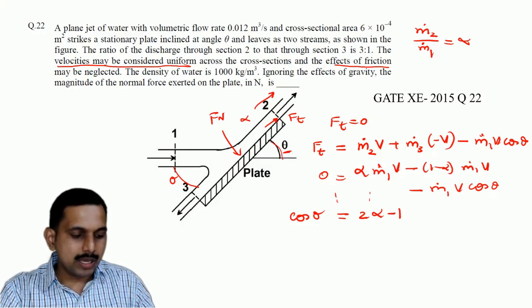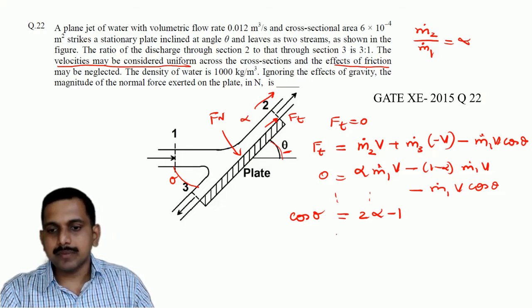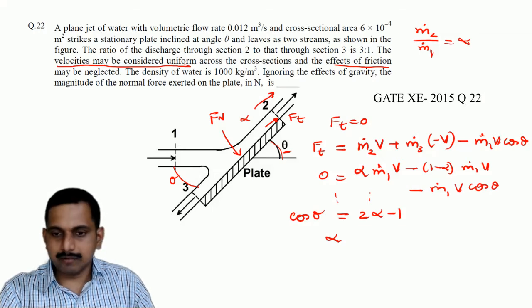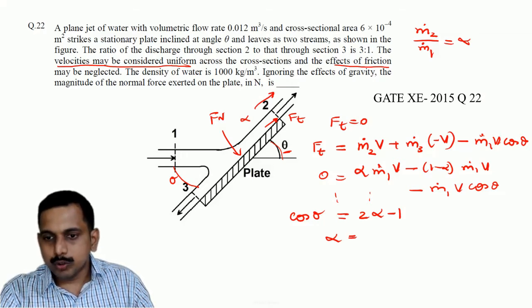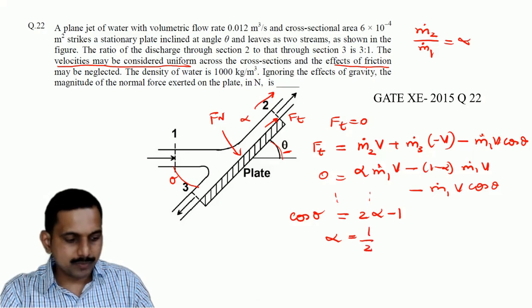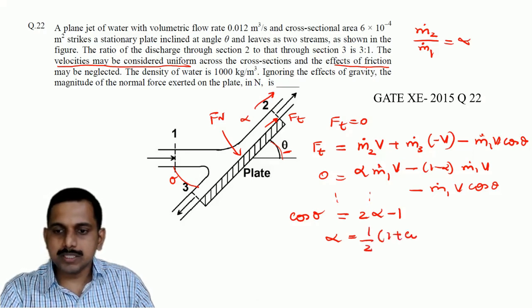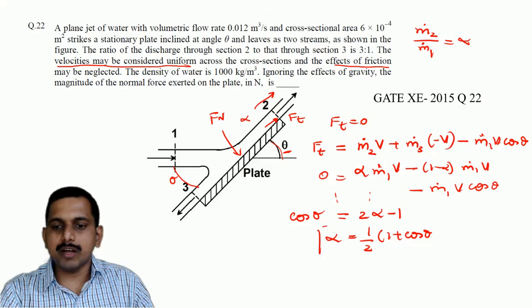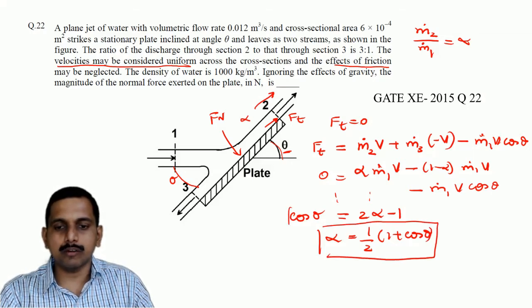Or I can say alpha is equal to half into 1 plus cos theta. If you remember, it would be better to remember one of these two.